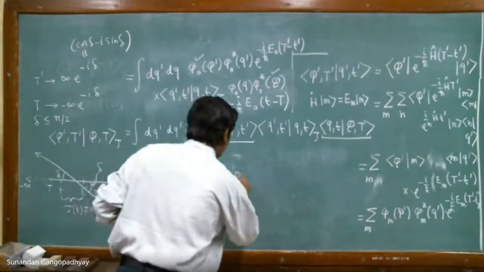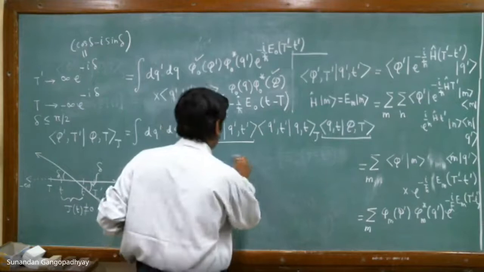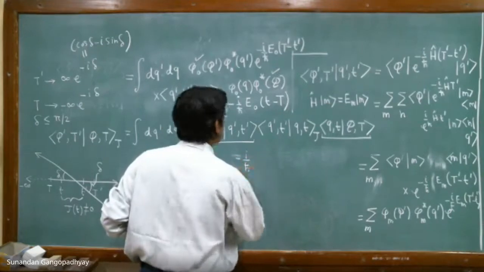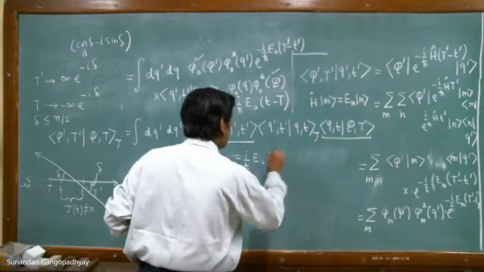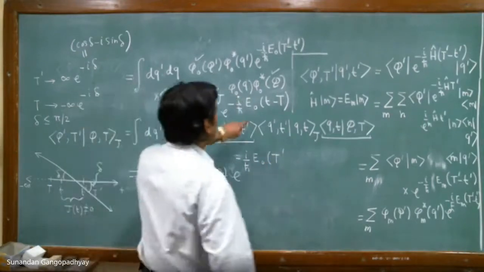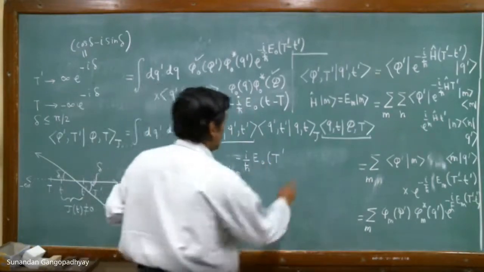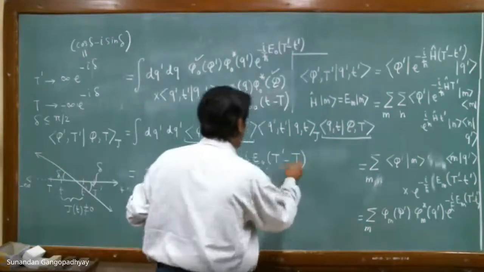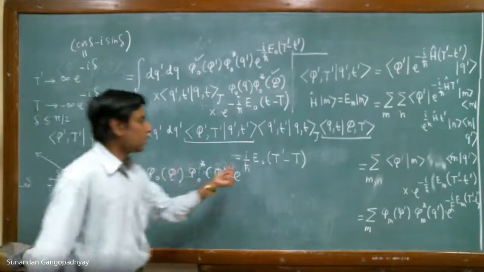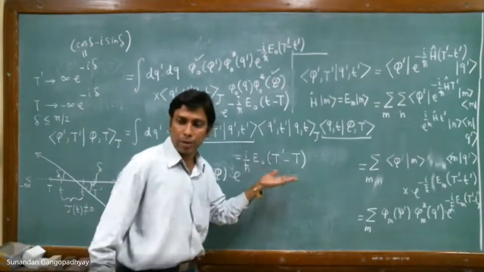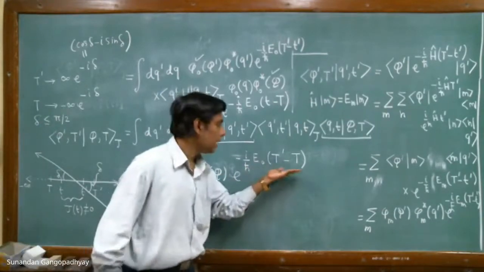Then we also have e to the power of minus i by h bar E0 times capital T prime minus capital T. That also you can take outside the integral, because this is the ground state energy, independent of q and q prime. This is obviously a constant number.